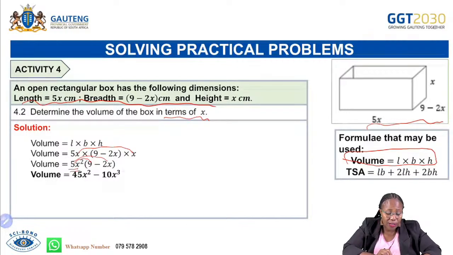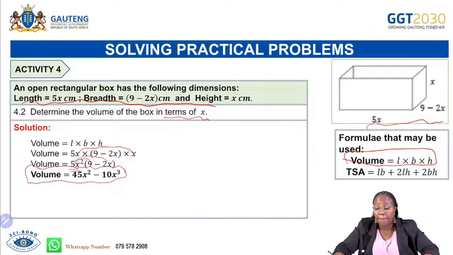As you can see, this is a cubic identity because it's a volume. Can you see a volume has a relationship with your cubic function? It is x to the power 3 because it's a cubic identity. So this is the volume of the box in terms of x, grade 12.